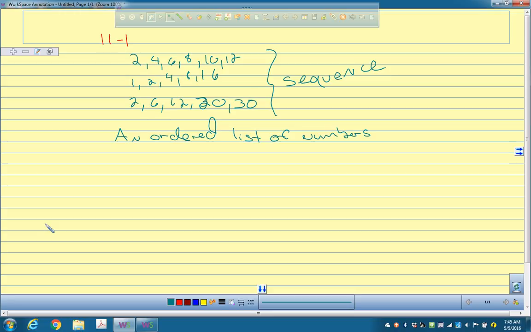Sometimes we will write a function rule, like this. So a sub n gives you a rule for the sequence. So a sub n equals 5n plus 1 is the same as writing a of n is equal to 5n plus 1.